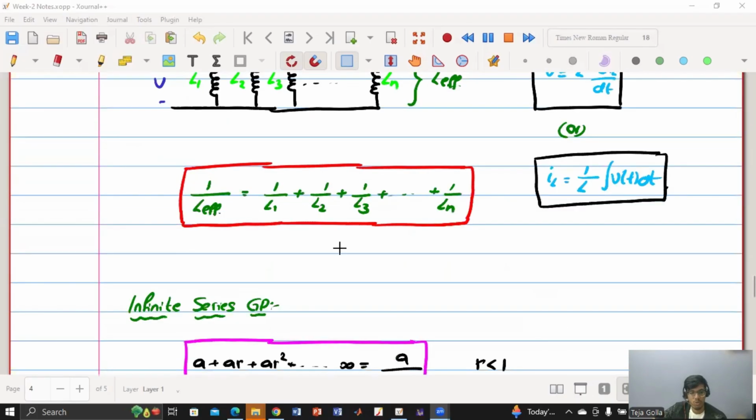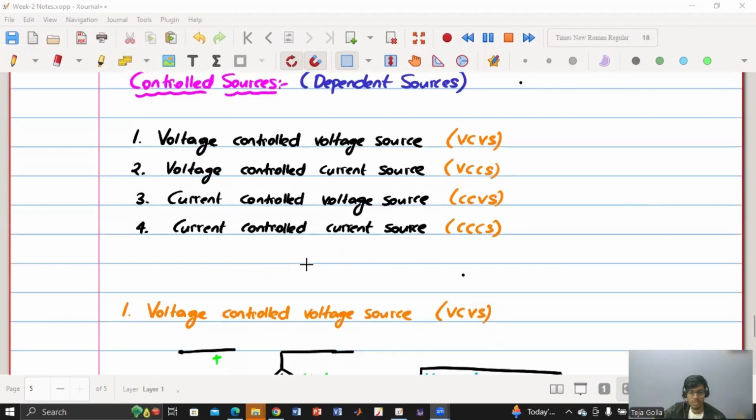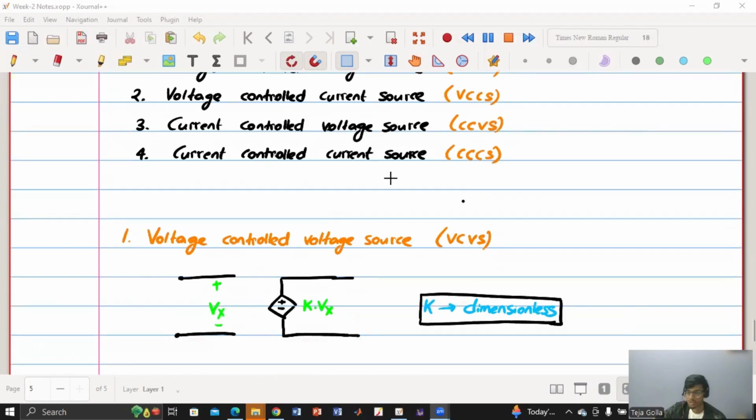Then we moved on to an important topic called controlled sources. We have the voltage controlled voltage source, voltage controlled current source, current controlled voltage source, and current controlled current source.